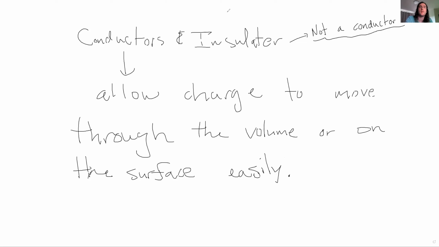Oh, actually, there's one more thing that I should point out, and that is that the electric field inside a conductor is always zero. Okay, the electric field inside of a conductor is always zero.